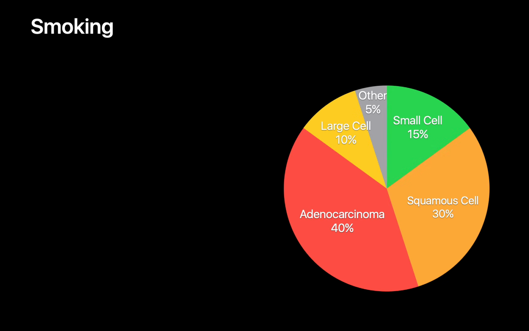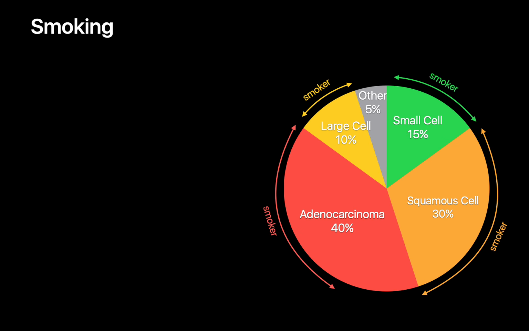Here's a visualization of the strength of the link between smoking and different primary lung cancer types. This is a pie chart showing the distribution of lung cancer types from earlier. Smokers account for almost the entirety of the wedges that correspond to large cell carcinoma, small cell carcinoma, and squamous cell carcinoma.